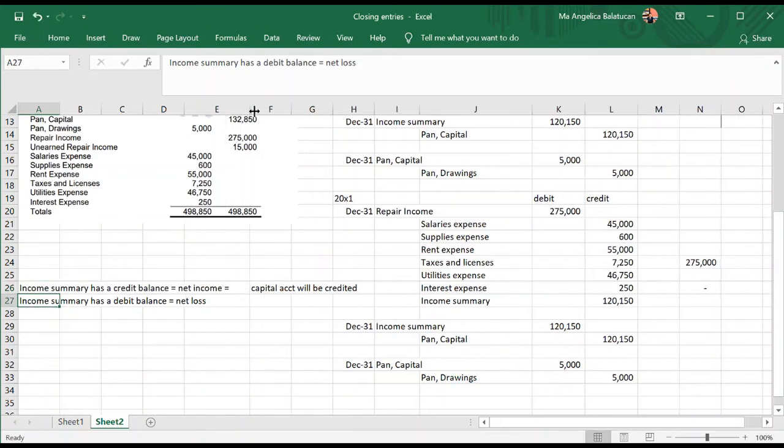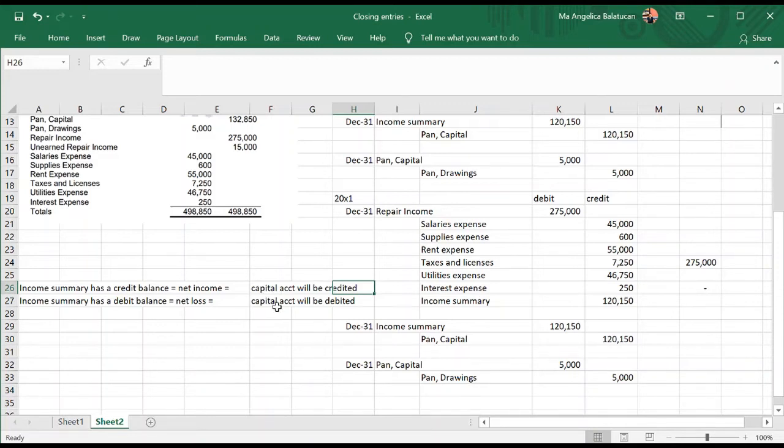So, it will be credited the same with this one, diba? If there is a net income, the capital account will be credited. Meanwhile, if there's a net loss, the capital account will be debited. And what is the effect if we credit the capital? If we credit the capital, it will increase the capital.